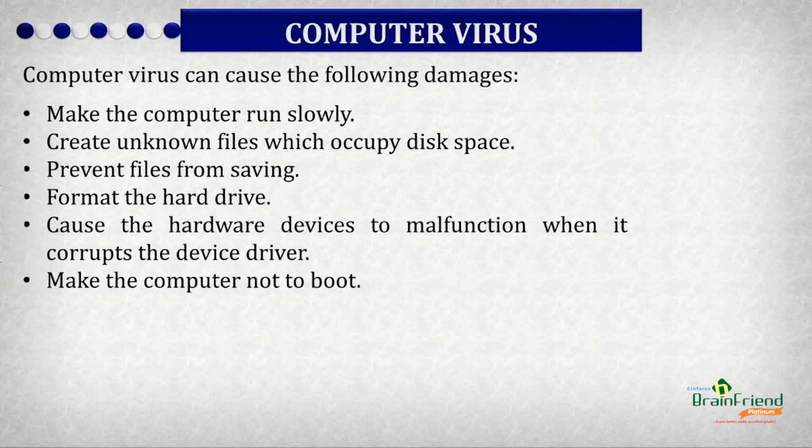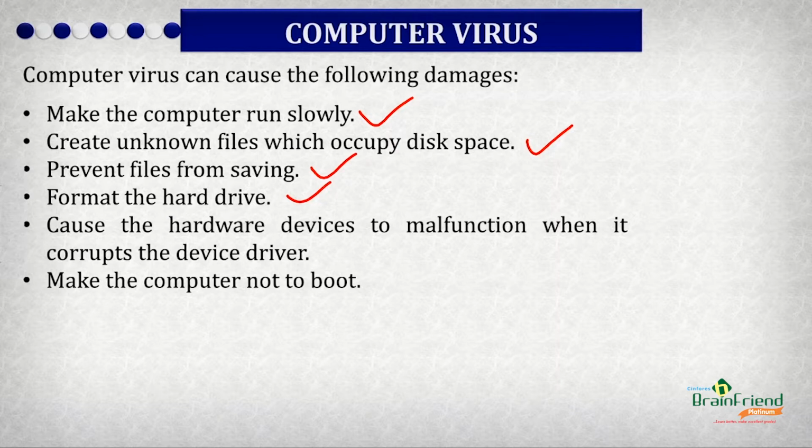Computer viruses can make the computer run slowly. They can create unknown files, and these files end up occupying the disk space. Computer viruses can prevent files from saving. A computer virus can format the hard drive, and this leads to loss of information.